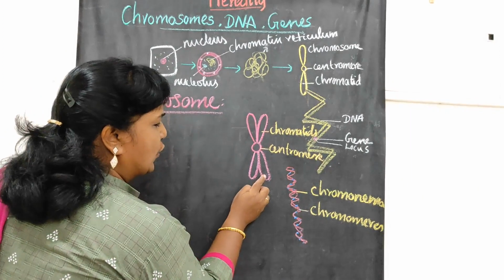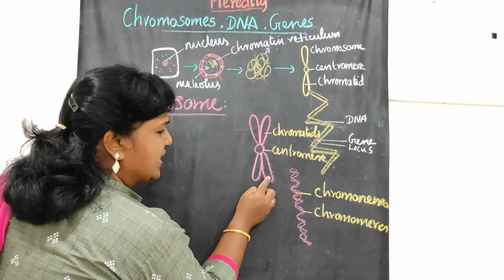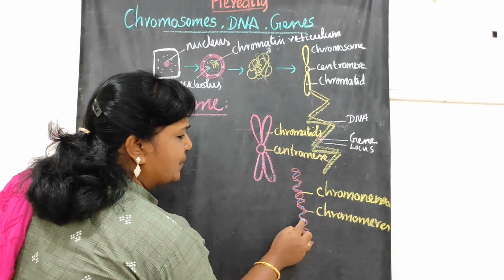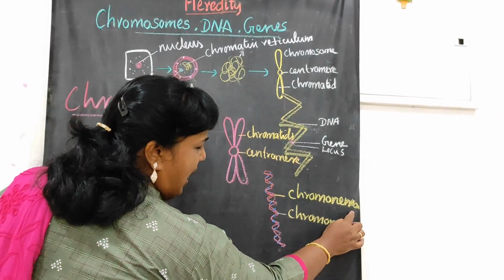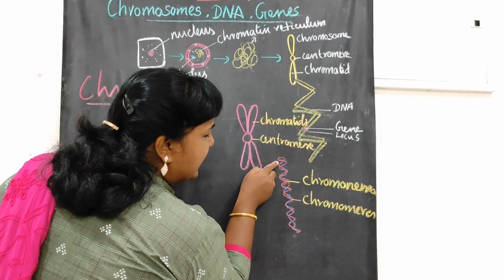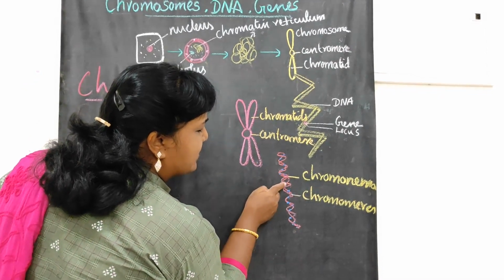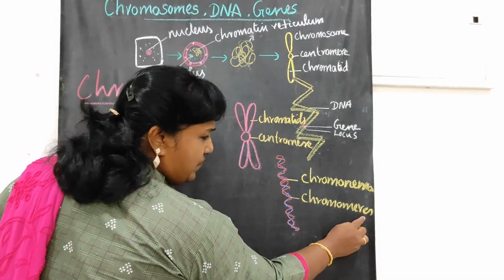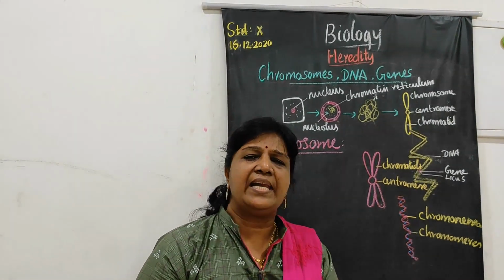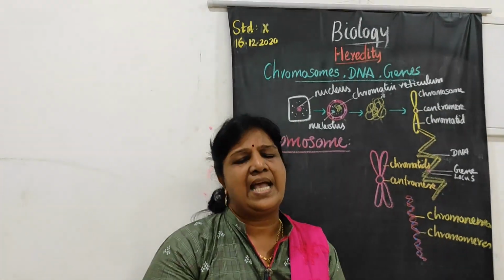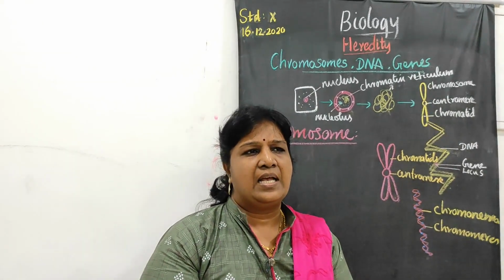So see, this is the chromatid, isn't it? Each chromatid is formed of a spirally coiled structure called chromonema, and this chromonema consists of bead-shaped structures called chromomeres. Chromosomes are made of DNA, RNA, proteins and metallic ions.